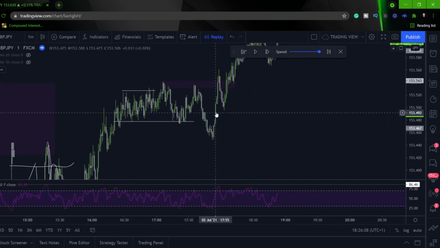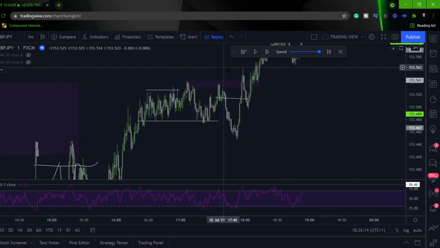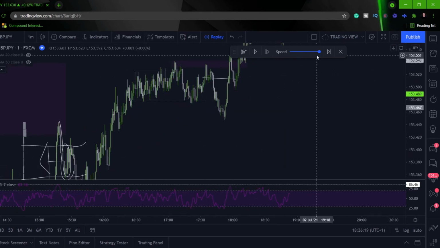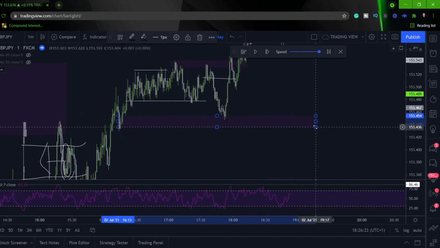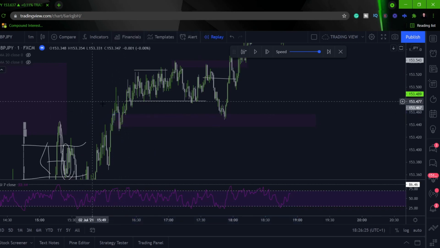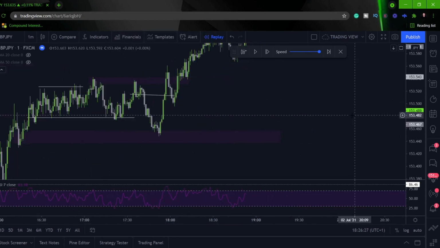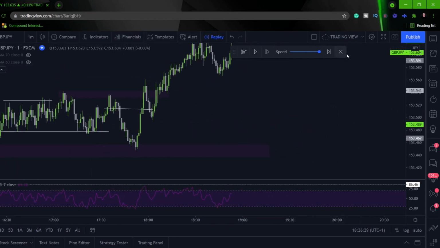Where did we go? Bang, buy side liquidity. Filling in balance. Moving towards areas of liquidity, okay? All right, and again, where do we come to? Demand zone, right?